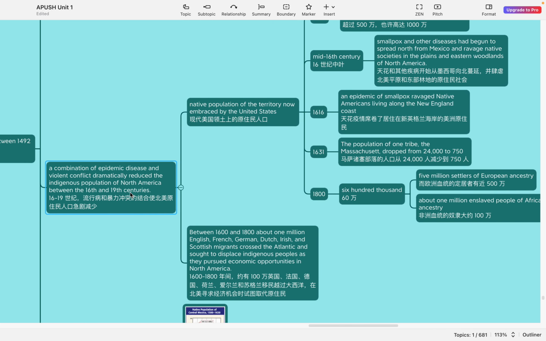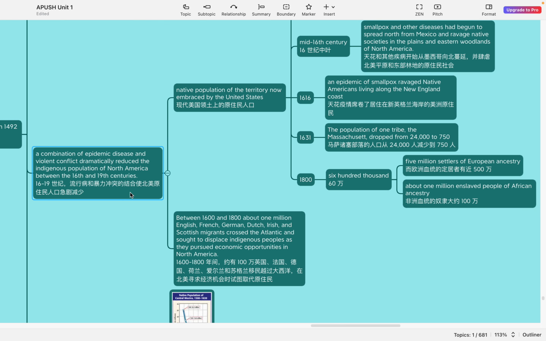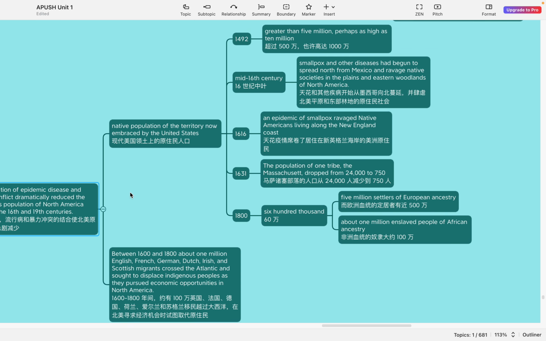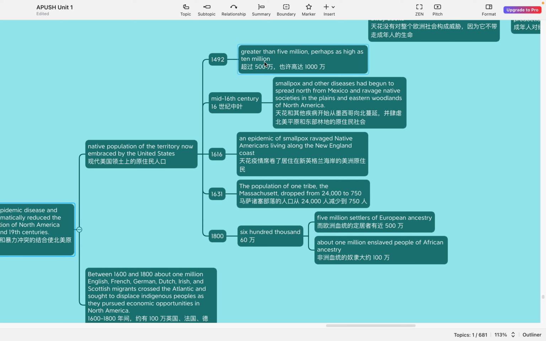Epidemics combined with violent conflicts brought by Europeans reduced the indigenous population on the modern U.S. territory from at least 5 million in 1492 to 600,000 by 1800.